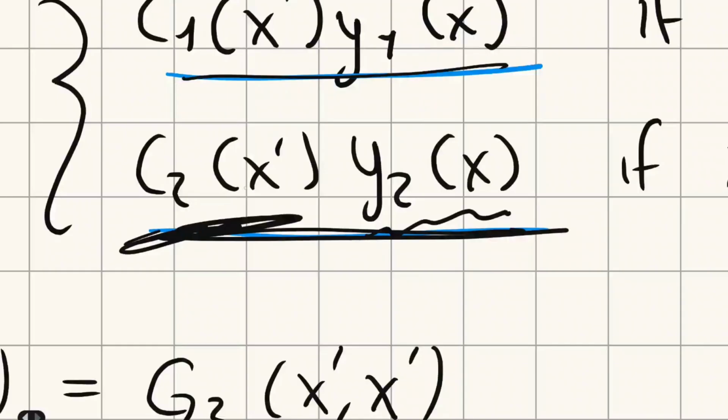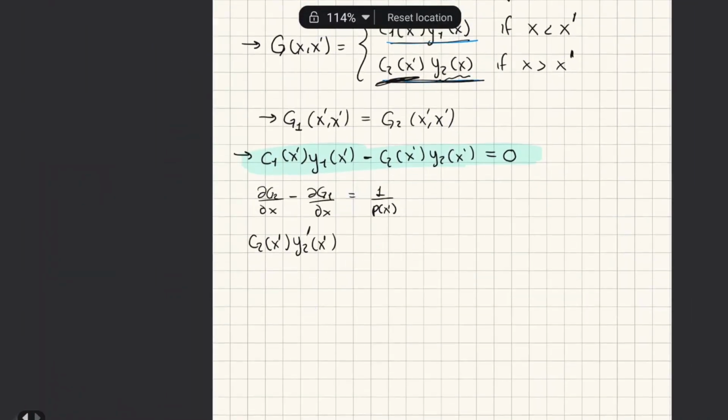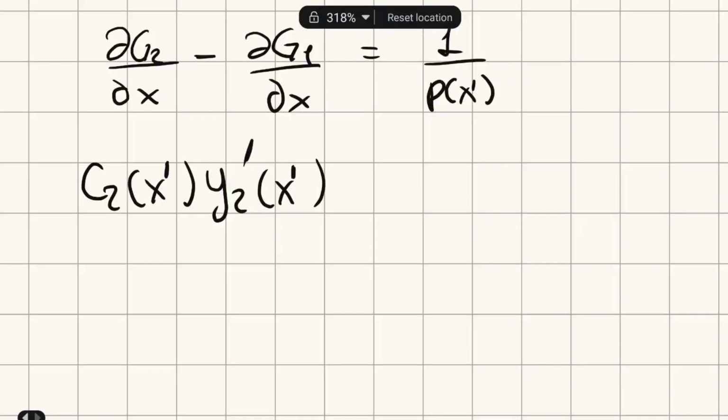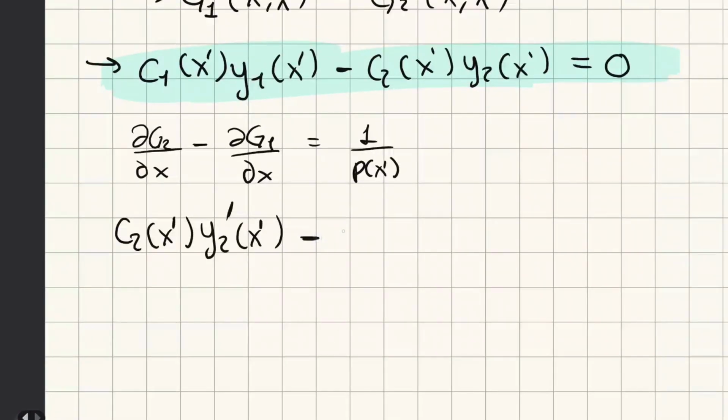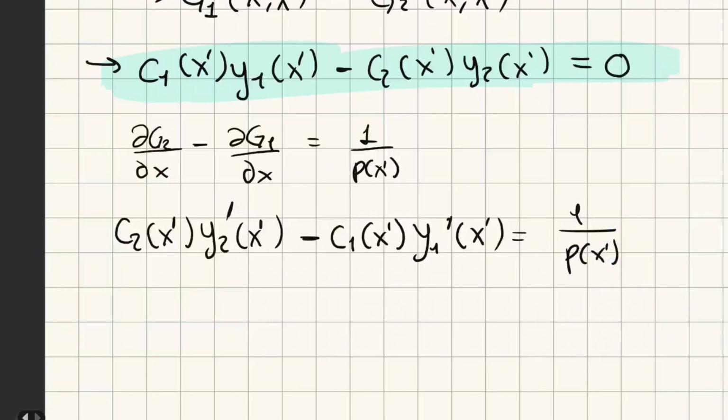So we will have c2 of x prime times the derivative of y2 with respect to x evaluated at x prime. That's important. So it will be something like this. And then minus c1 of x prime, the derivative of y1, well, let me write it in the same notation.